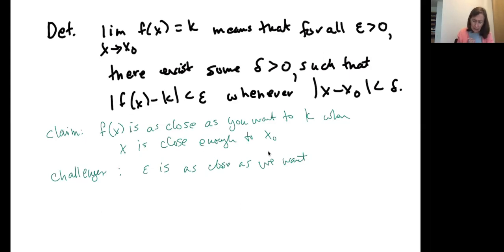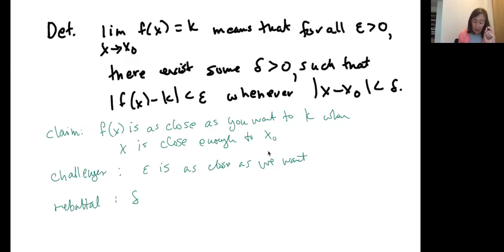So you give me a really, really teeny number, and my rebuttal is, you give me epsilon, I'll tell you delta is close enough. Whenever x is within delta of my limiting value, yes, your epsilon is going to be satisfied. You tell me how close you want the function to be to k.